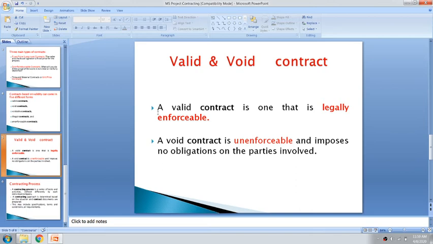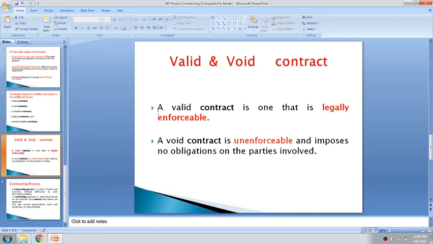If you go to a court of law, definitely we will be able to stand in court. Then only is the validity going to be there. There are some conditions, definitely. But when we talk about a valid contract, it is about the legality, whether it is enforceable legally at the court.